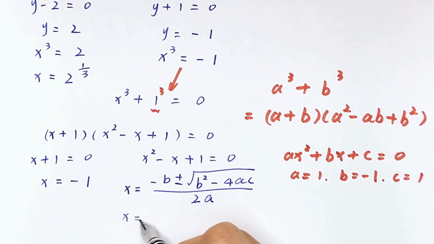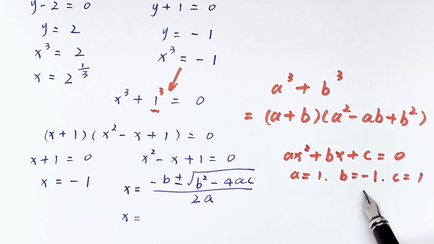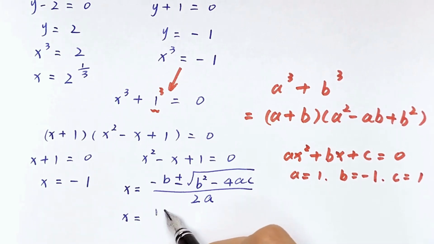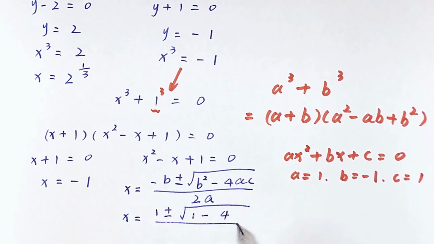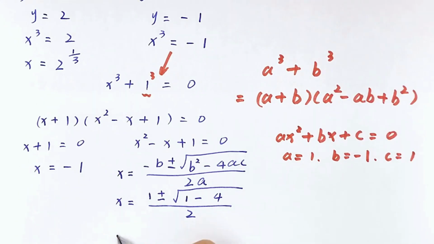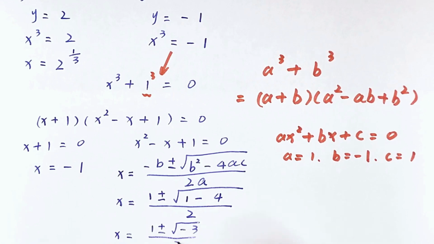X is equal to b is -1, so -b is 1, plus or minus square root of 1 minus 4 over 2. Then x is equal to 1 plus or minus square root of -3 over 2.